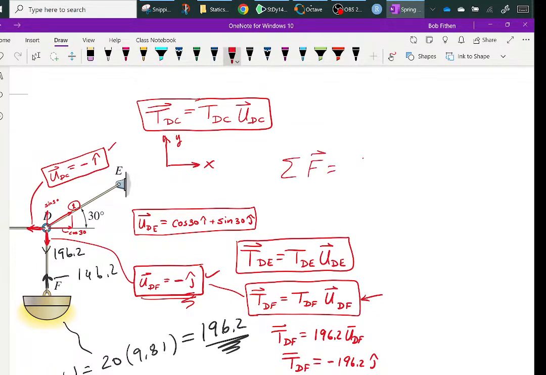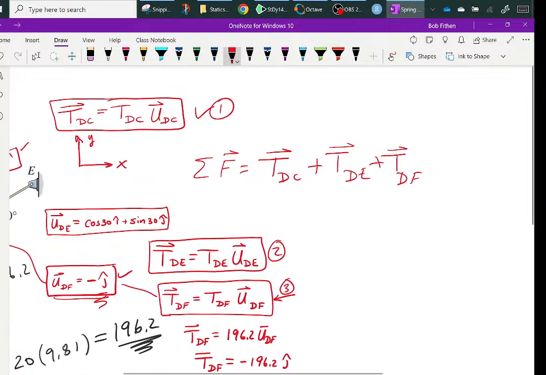All you get is TDC, in no particular order. I'm going to take this one as 1, that one as 2, and this one as 3, plus TDE as a vector, plus TDF. So I wrote all three.